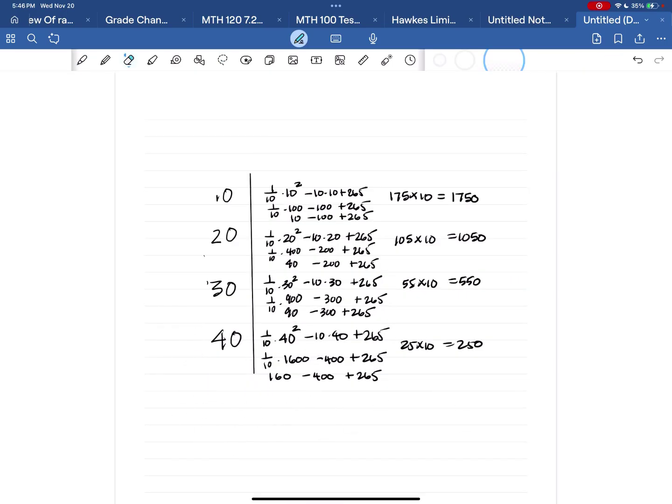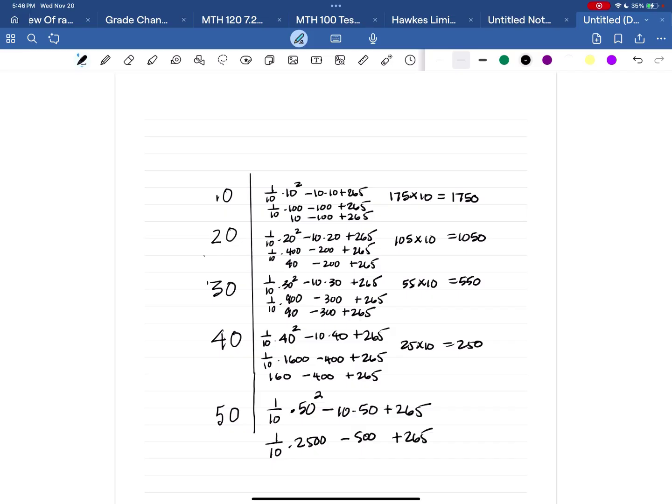Now I want to include 50. Okay? So it's going to be 1/10 times 50 squared minus 10 times 50 plus 265. So that's going to be 1/10 of 2,500 minus 500 plus 265.